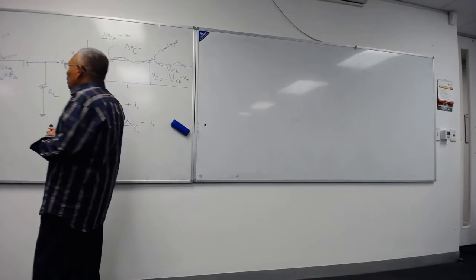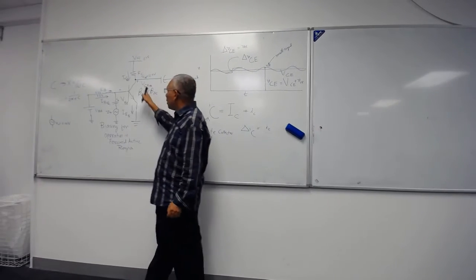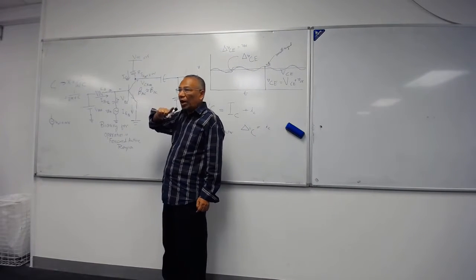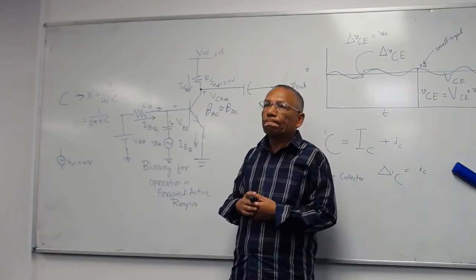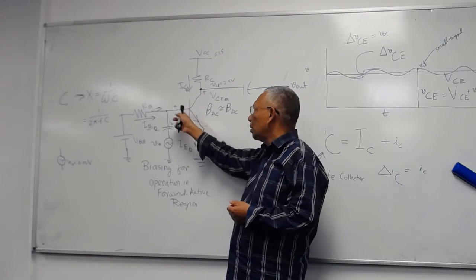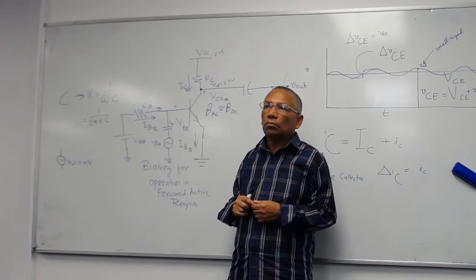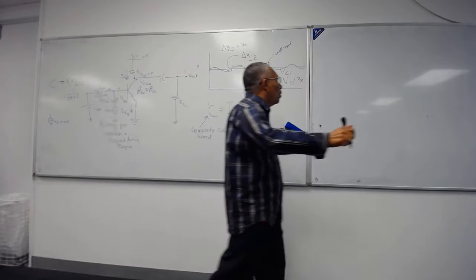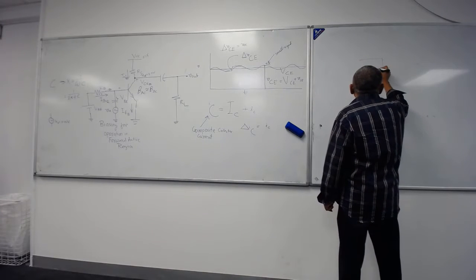So you can see here, when you operate this BJT in the forward active region, this junction between base and emitter works like what? Base and emitter? Forward bias diode. Forward bias diode, very good. So we can start a DC model by drawing a forward bias diode between the base and the emitter.